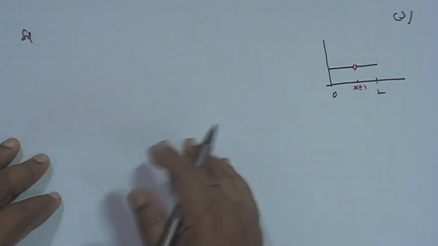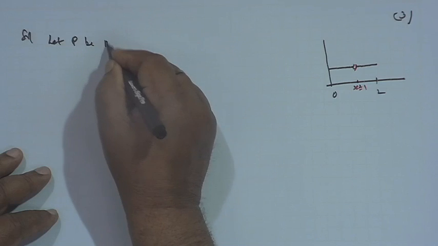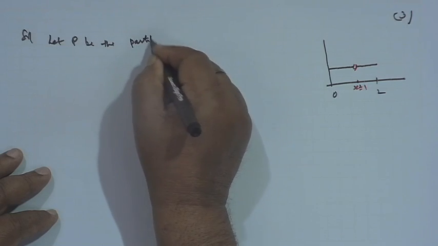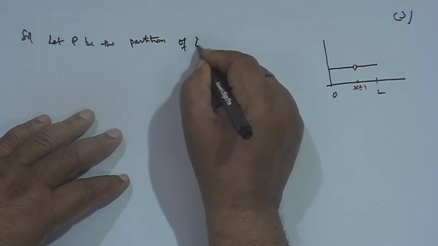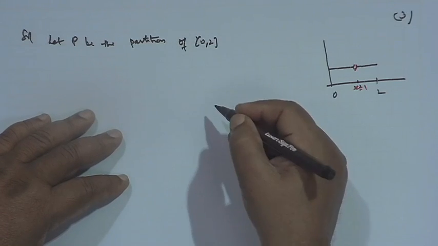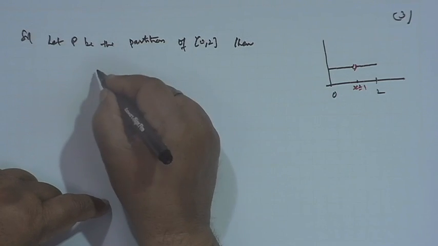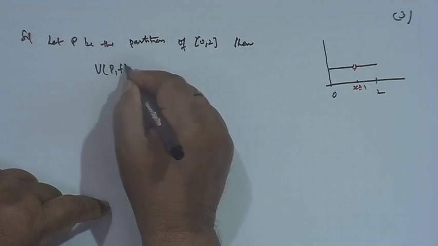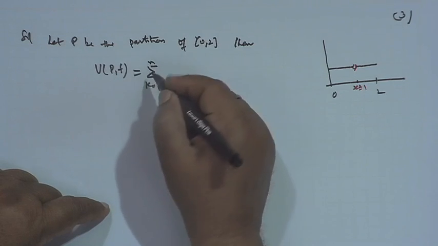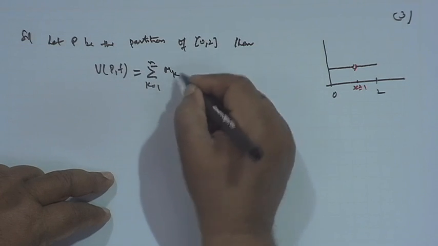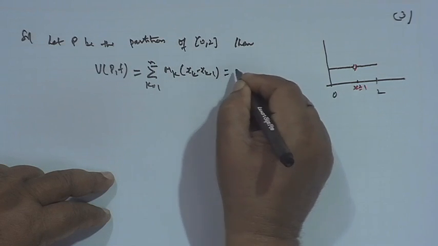Now, let P be a partition of the interval 0 to 2. Then obviously the upper sum of the function f over this partition, the sum over k equal to 1 to n of M_k times (x_k minus x_{k-1}), is 2.